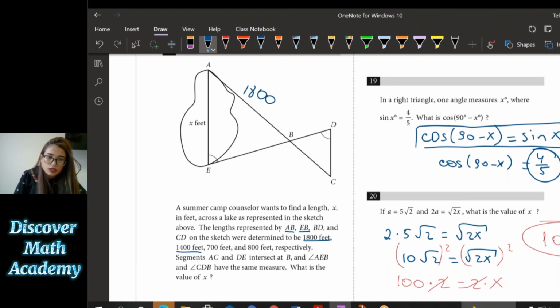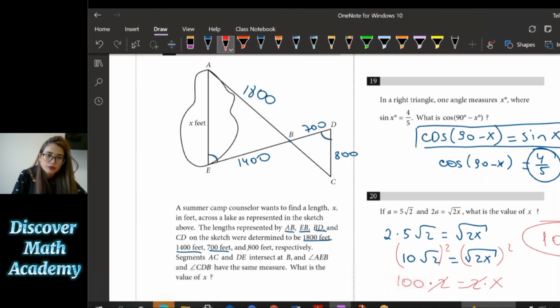EB 1,400. BD is 700. And CD, this one is 800. Respective segments AC and DE intersect at B. Okay. Triangles AEB and CDB.